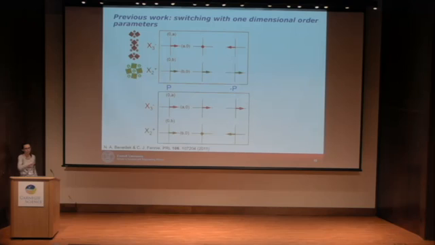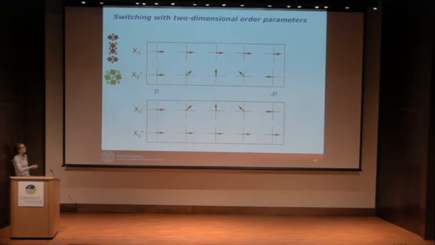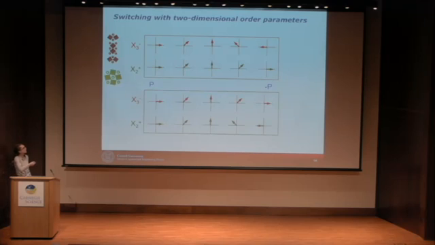But now that we're working with two-dimensional order parameters, there's more possibilities. So for example, we could consider rotating the x2 order parameter instead of turning it on and off, or similarly rotating x3. And finally, the last possibility is we can consider rotating both order parameters at the same time, and then continuing to rotate one while rotating the other one back to get to this switched state.